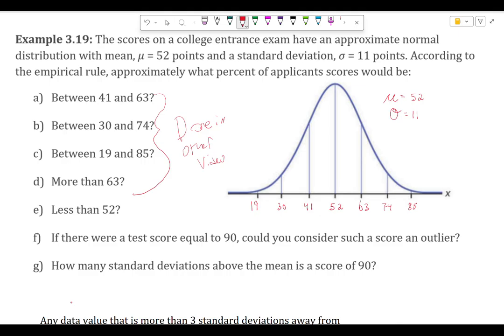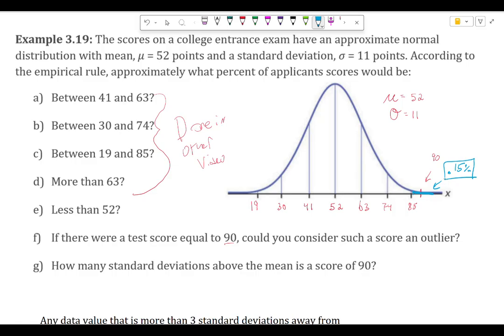F says, if there were a test score equal to 90, could we consider such a score an outlier? Well, a score of 90 would be above the top portion here. If you remember from the other video where we talked about the empirical rule, this top portion is approximately 0.15% of the data values, so in the very top tail.